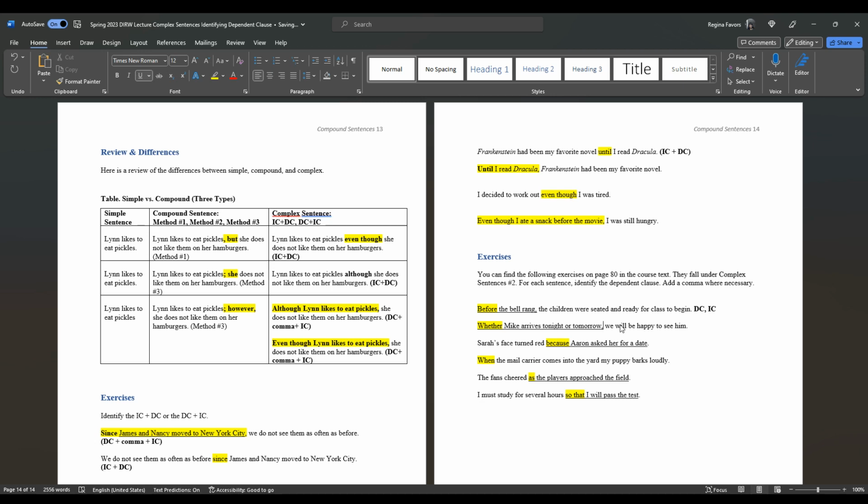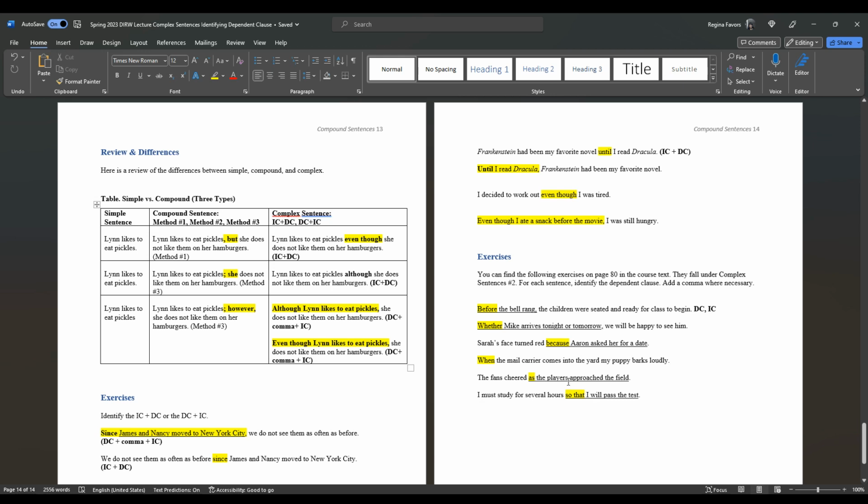Again, the way you understand that is to ask what the dependent word is. The dependent word comes before the independent clause. And if we just say aloud, "Mike arrives tonight or tomorrow," does that sound complete? Yes. We could remove "whether" and just keep "Mike arrives tonight or tomorrow," period, and capitalize the M.